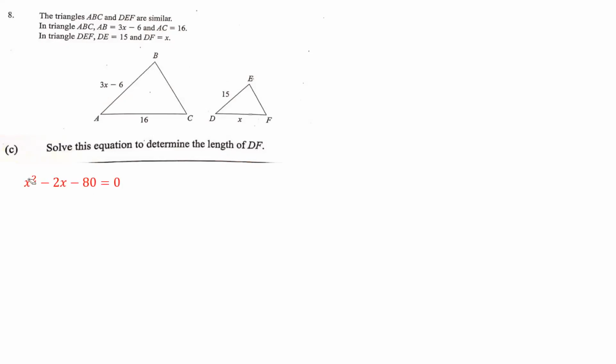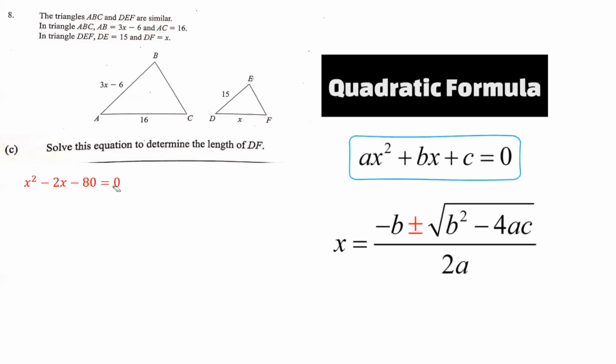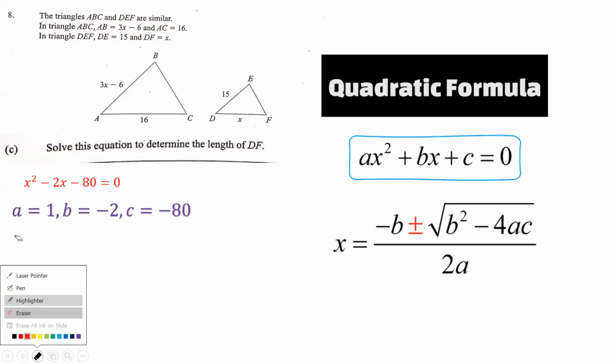We already have it in a form that is ripe and ready for the application of the quadratic formula. Let's remind ourselves about the quadratic formula. Now we're dealing with x's and not w's and n's, so it's good. What is a? A is the coefficient of x squared. We know that the coefficient of x squared in this case is definitely 1, since no coefficient is explicitly given.